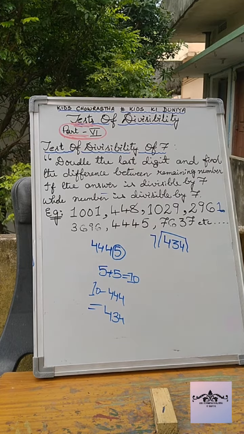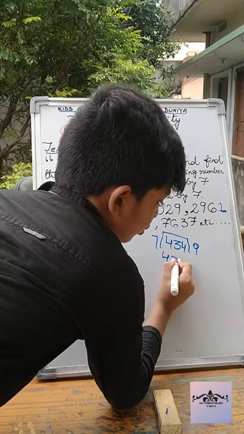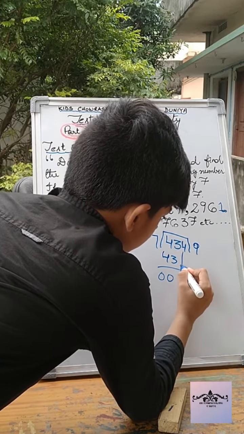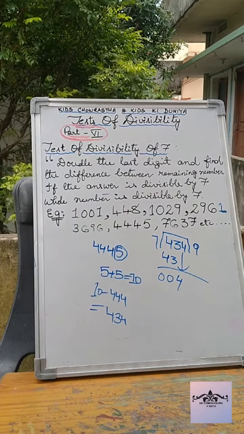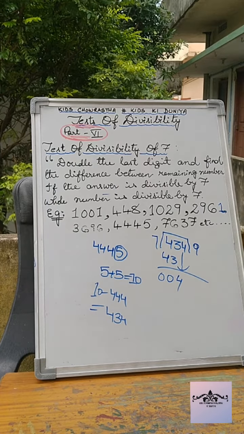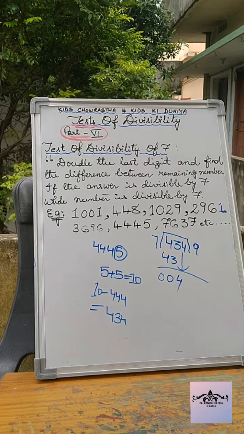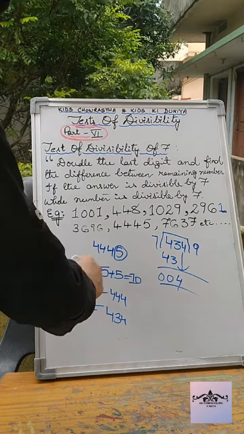We are taking 43. 7 sixes are 42. So at the remainder we get 4 over here. So this is not divisible by 7.